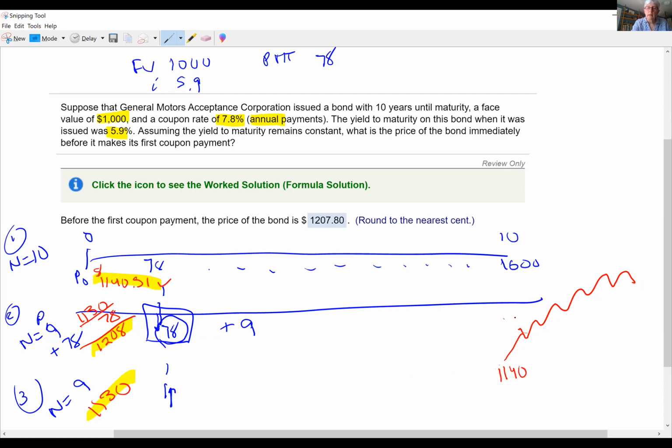We come up here right before we get the coupon, and it's gone up to 1208. And immediately after we get that coupon, it falls down to 1130. And this is trading at a premium because the coupon rate is higher than the yield to maturity. So that's why the price is dropping from 1140 to 1130.